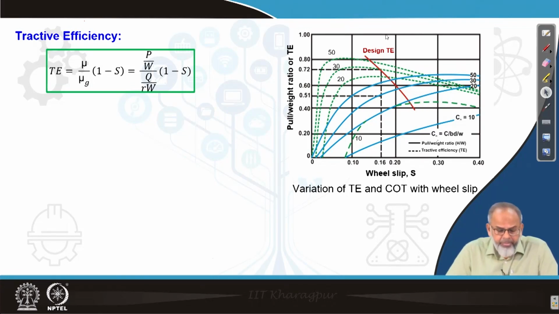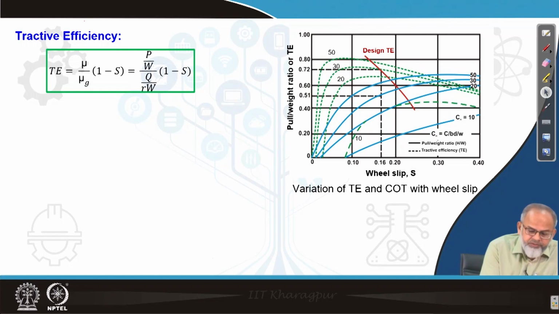Now, once we know the coefficient of traction, rolling resistance and gross coefficient of traction, one most important component computed while evaluating the performance of a tire is the tractive efficiency. Tractive efficiency is basically output by input. In the case of a tractor or a single wheel, output is your drawbar power, or tractive power, which is pull into forward speed, and the input is your axle power.